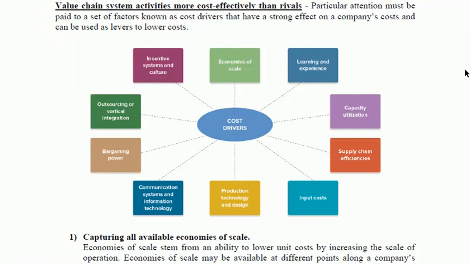So basically, what value is being created out of that raw material, and what is the chain of activities being carried out to turn a raw material into a finished product. So that entire thing is called the value chain system. What value you are generating out of that raw material and what chain of activities you are conducting to make that raw material into a good valuable finished product.